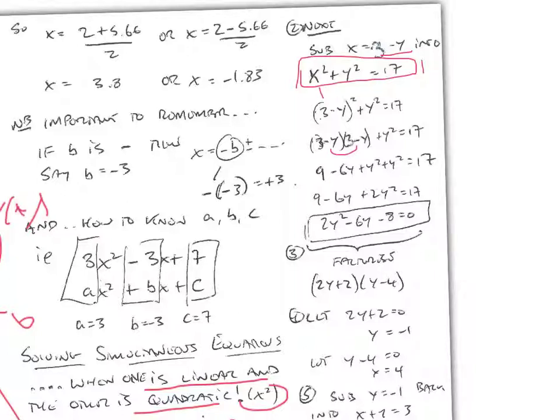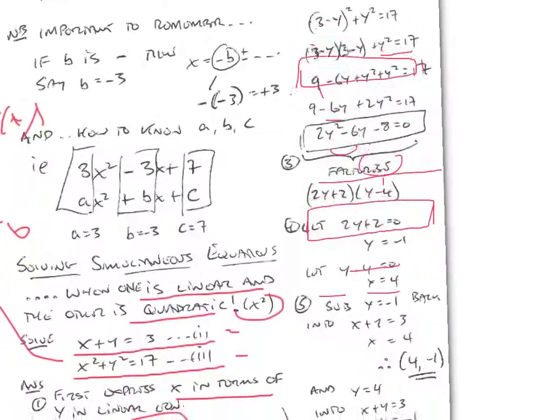So that has to be multiplied by that, because that is 3 minus y squared. When we gather the like terms, we'll end up with 2y squared minus 6y minus 8 equals 0. That's the quadratic expression we need to factorize. The factors of that are 2y plus 2 and y minus 4. You can try that yourself if you want on the sheet, but it is.